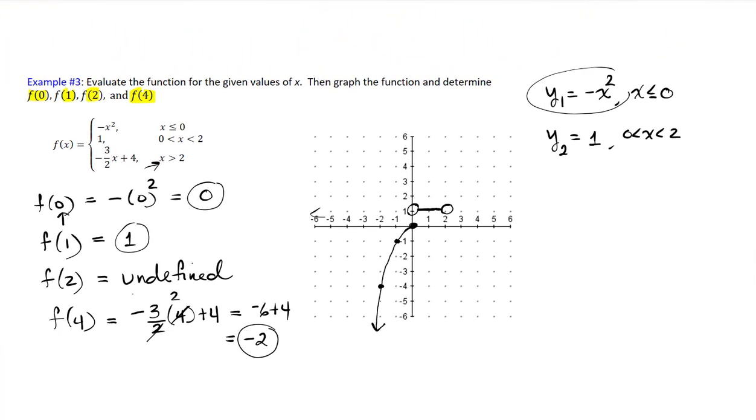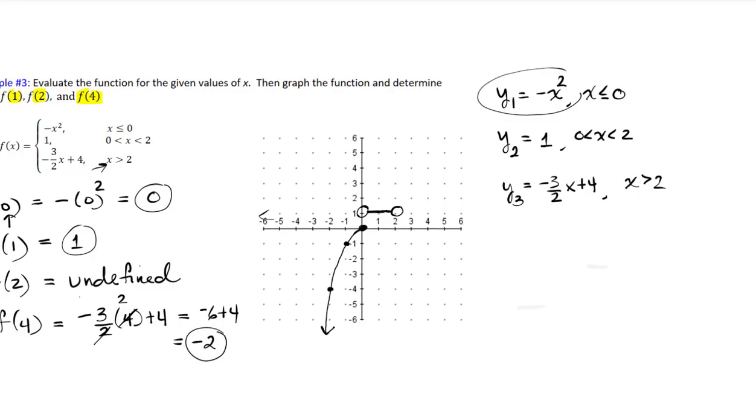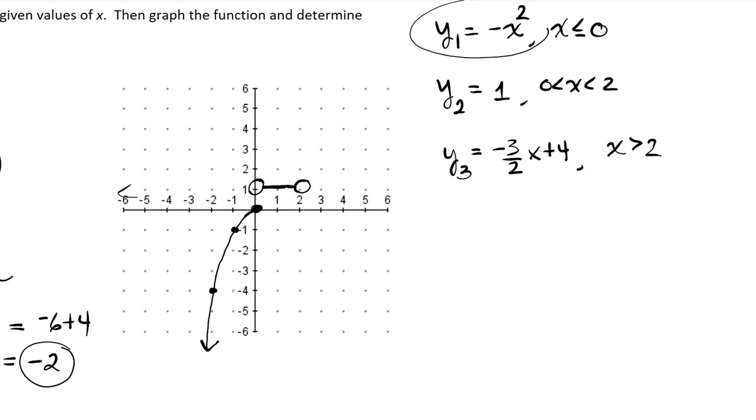For the third piece, we'll go ahead and call it y sub 3, which is a linear piece with the condition that x is greater than 2. To graph y3, I'm going to ignore its restriction for now. And that's because to graph a linear equation, it's best to start with its y-intercept, which is 0, 4, and then use the slope there to obtain another point.